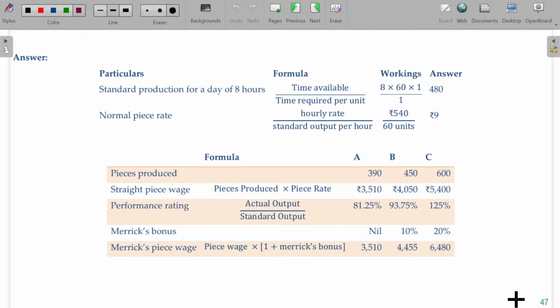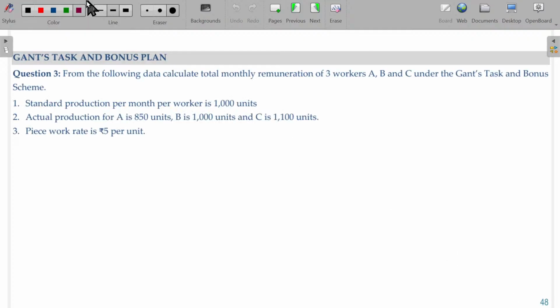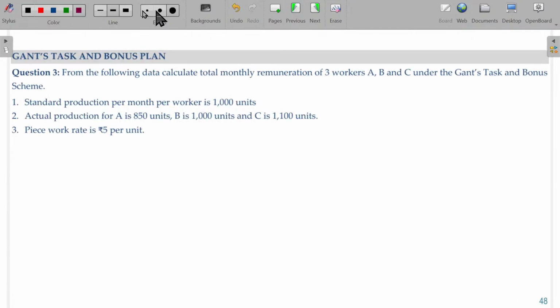Now, we'll deal with the Gantt bonus plan. As per Gantt bonus plan, especially guarantee, below standard, guarantee will be available only when time wage is offered.